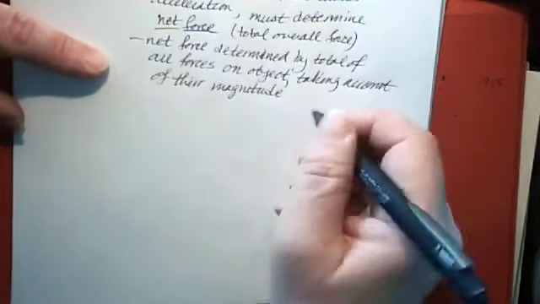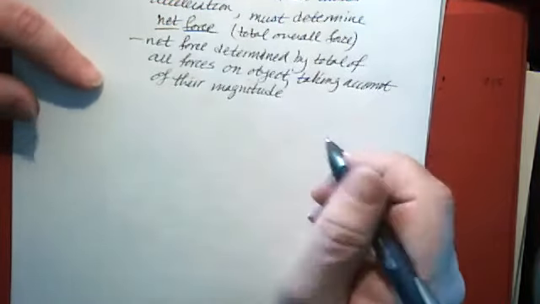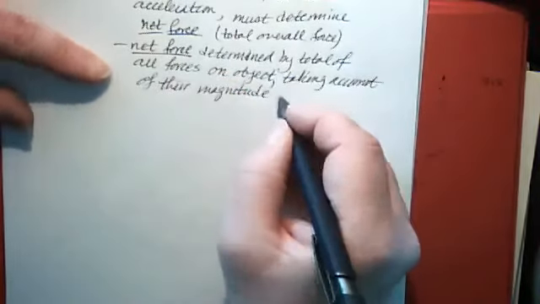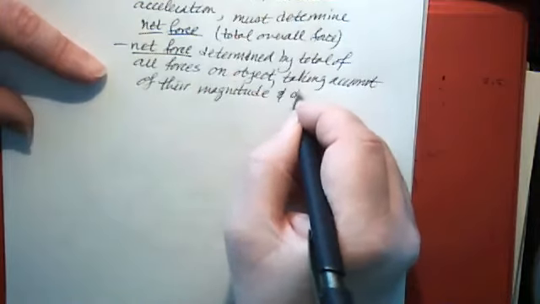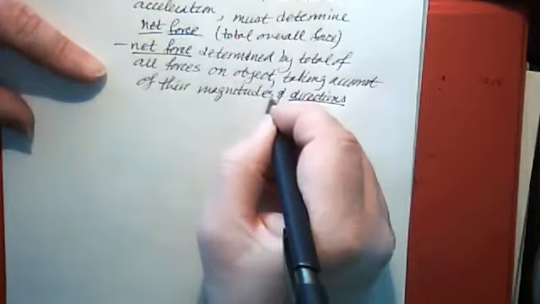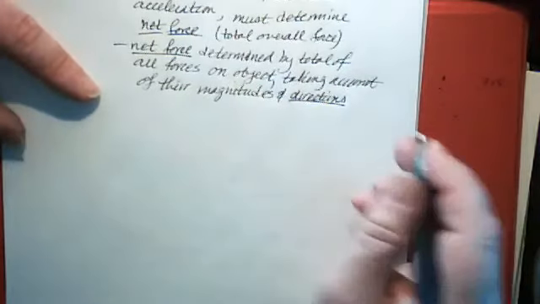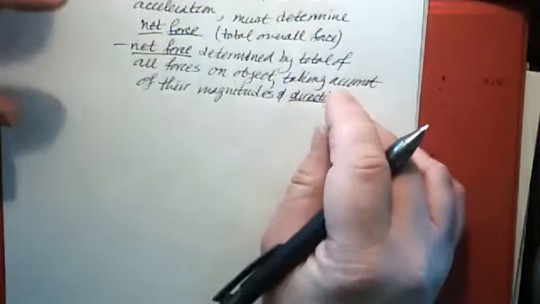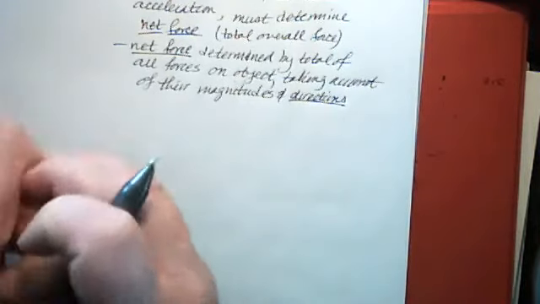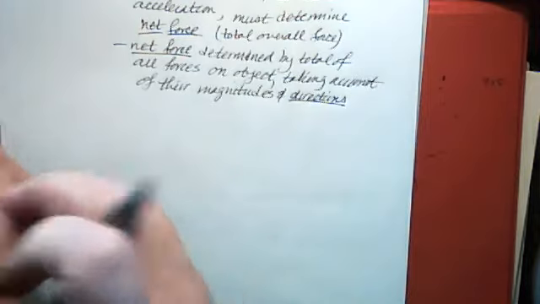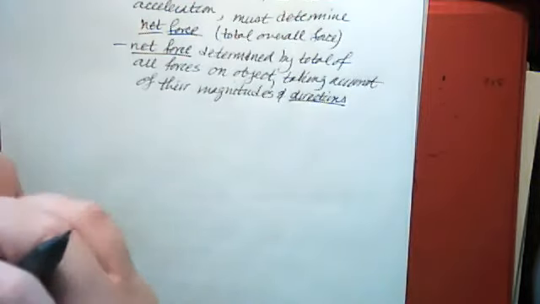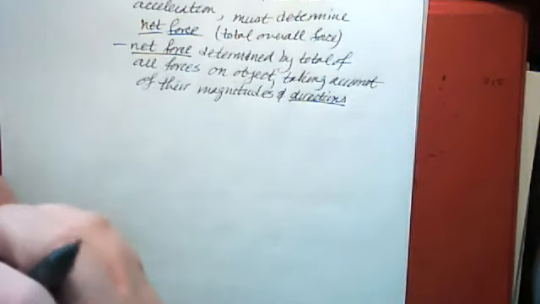So you need to count both magnitude and direction for all of these forces in order to figure out the net force. Because two forces that are working directly opposite each other are going to cancel each other out, at least partially, if not entirely. And so you have to take that into account when you're trying to figure out the net force on an object.